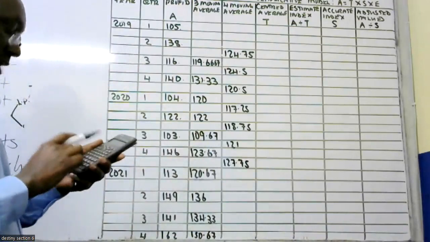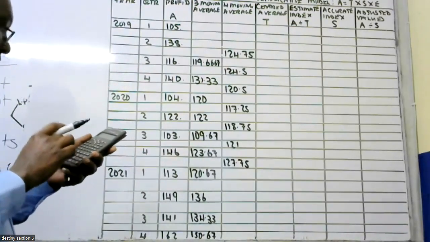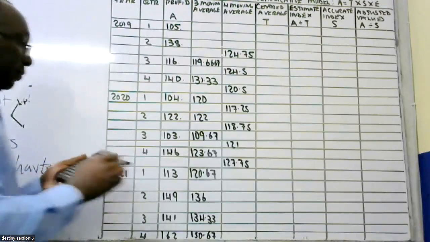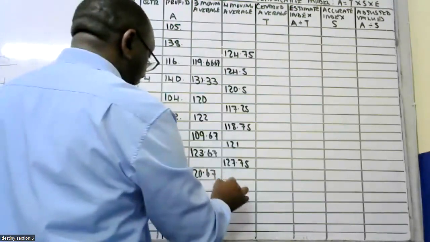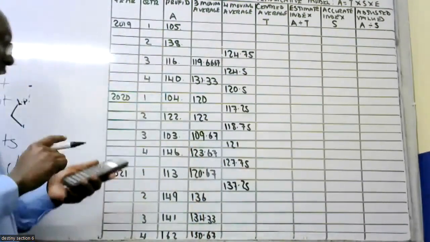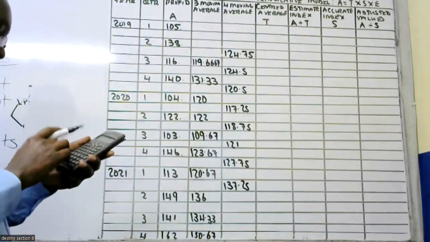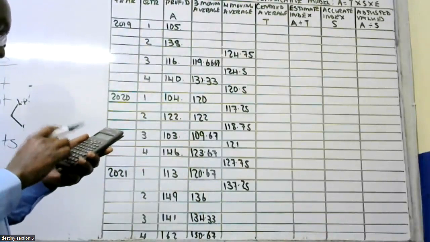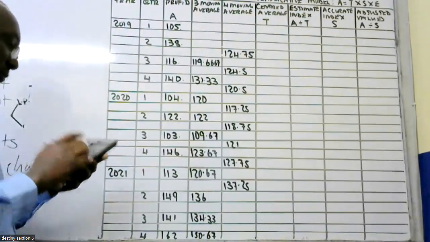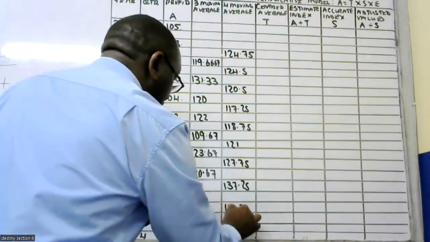Drop that, tuseme 146 plus 113 plus 149 plus 141 divided by 4. We have 137.25. Chukua 113 plus 149 plus 141 plus 162 divided by 4 is 141.25.